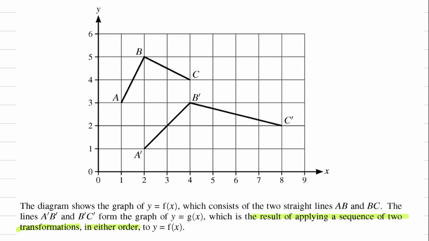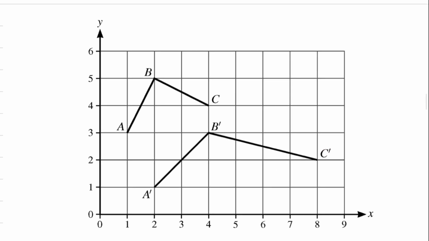So if you look at the graph, it's very obvious that we have to move down our graph first. So we move it down by 2 units, so A from here to here, B by 2 units down, and C 2 units down. So this is the first transformation, because if you look at the pattern, we move it down first by 2 units.